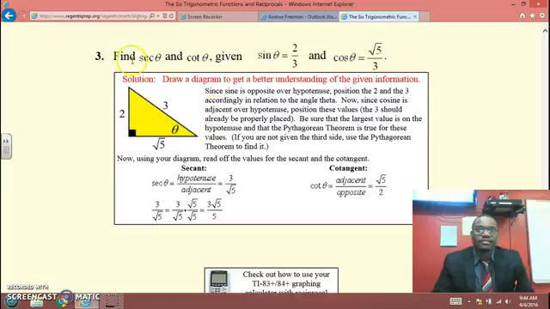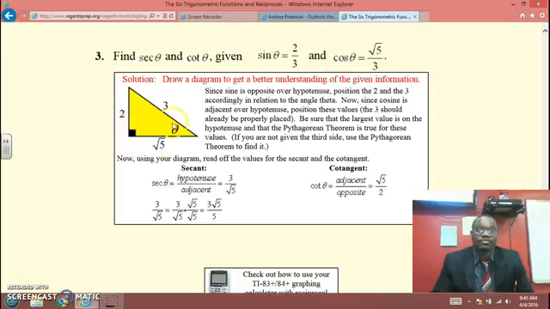Now, find secant theta and cotangent theta if they tell you that the sine is this and the cosine is this. What you would do is draw a right triangle. Give one of your acute angles theta, and the sine is 2 over 3, so you write 2 on the opposite, 3 for the hypotenuse, and the cosine is square root of 5 for the adjacent and 3 for the hypotenuse.